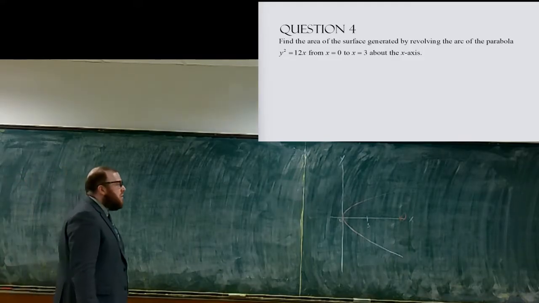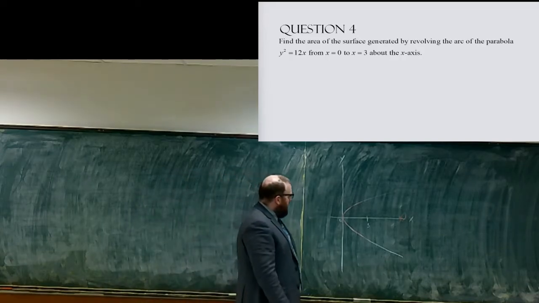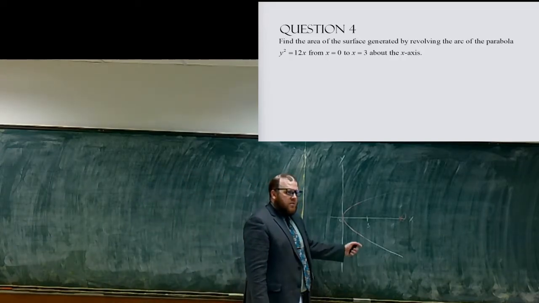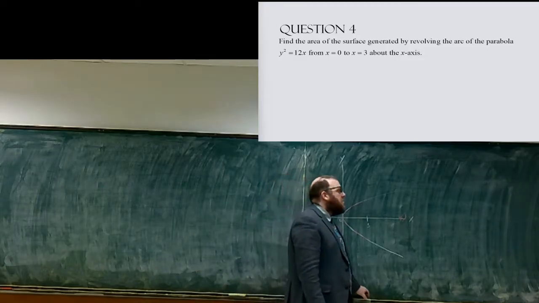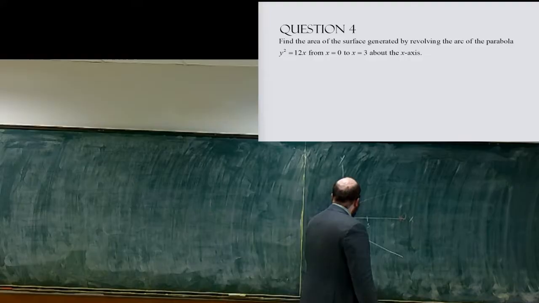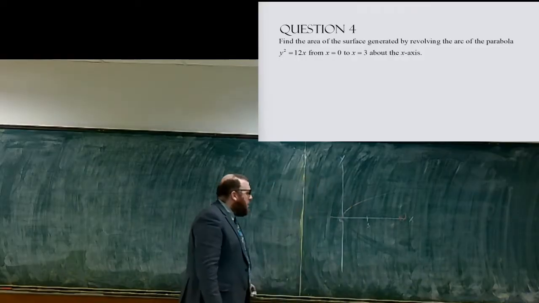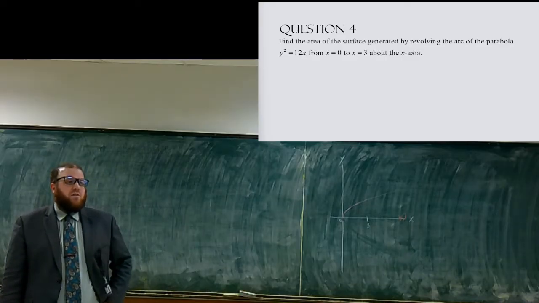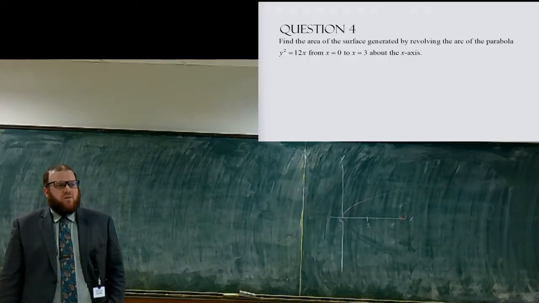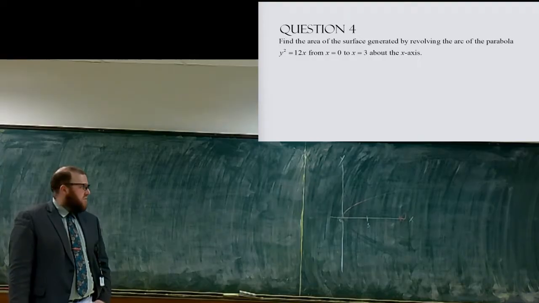However, what if I just take half of this? Let's say I just delete that lower half. Do I still get a paraboloid? Yeah, still revolving about the x-axis.